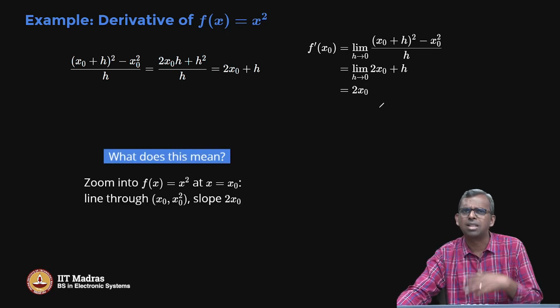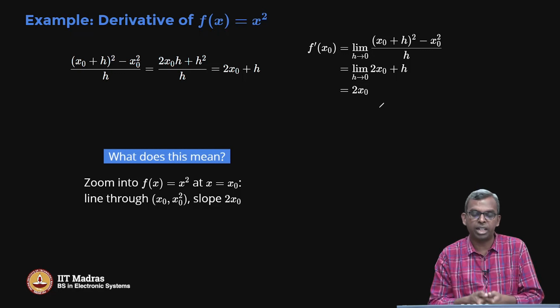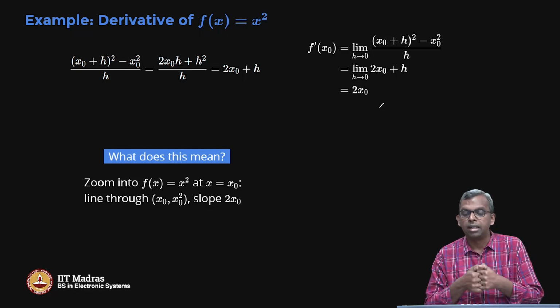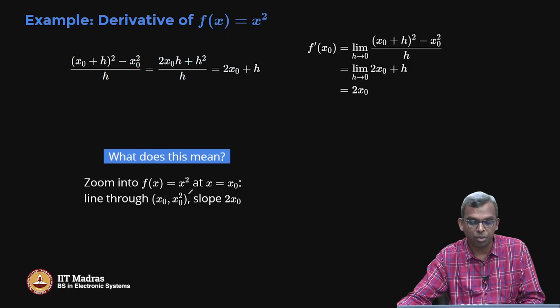So what does this really mean in terms of the shape of the graph? What does it mean to say the derivative at x0 for x squared is 2 x0? This is the meaning we have been after.